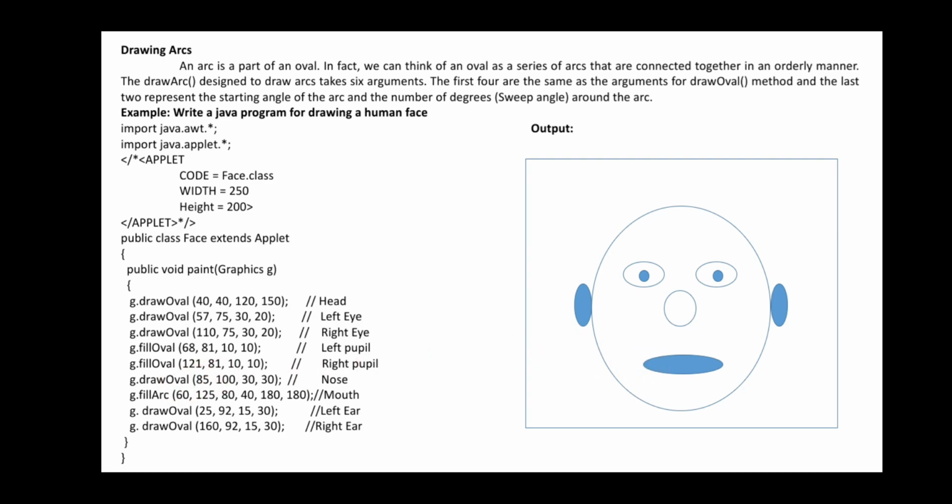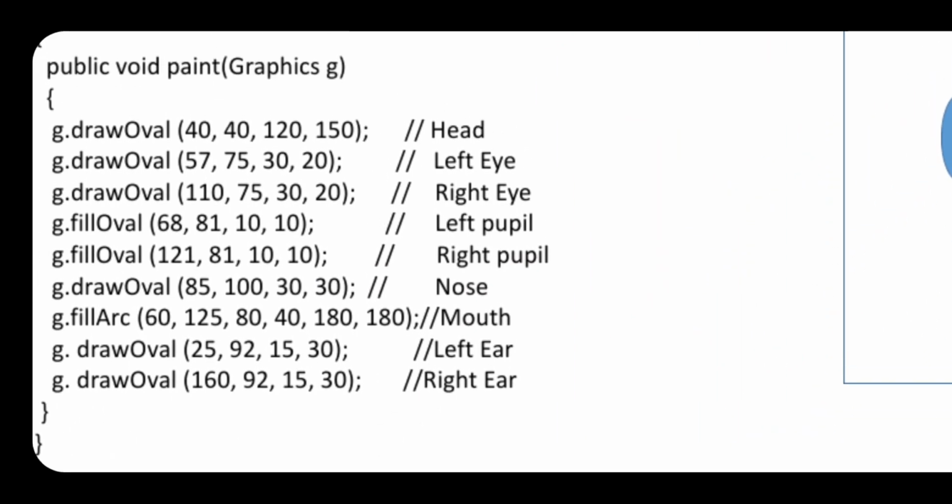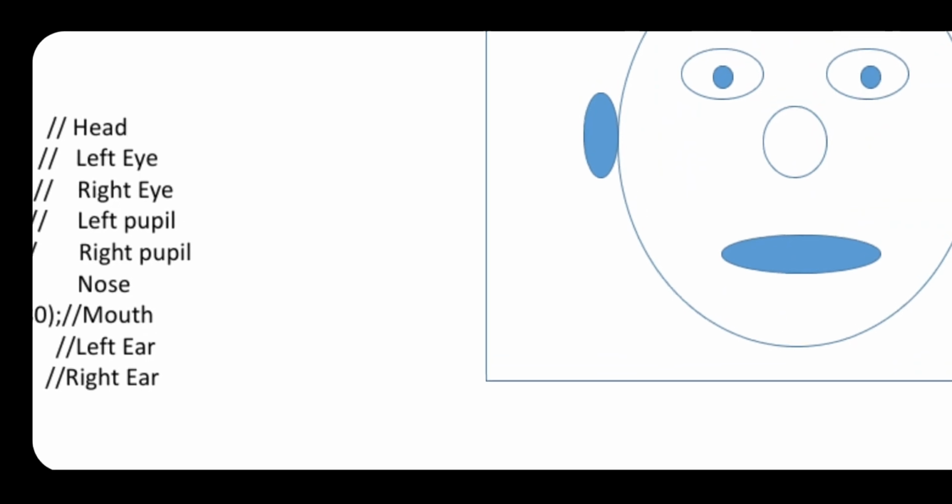Then you are going to define the next statement, that is g dot draw oval 25 92. These are all the different numbers you have been given. These are the dimensions from where you should draw the part. Okay, 25 by 92. This is the x and y axis for a rectangle shape, and the imaginary figure you are going to have is the left ear here.